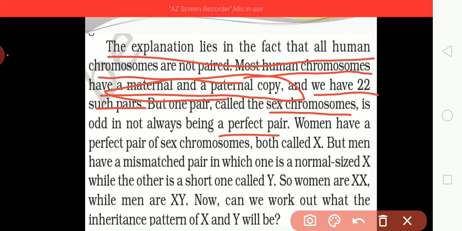Women have a perfect pair of sex chromosomes, both called X. In a woman there is a perfect pair of sex chromosomes, and all of them will be X.